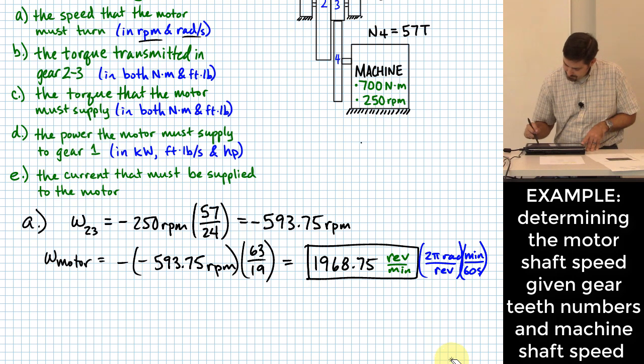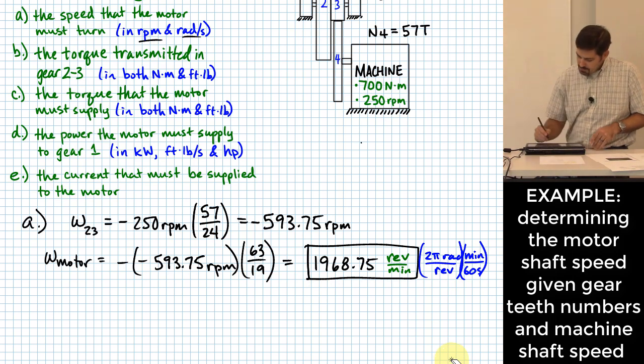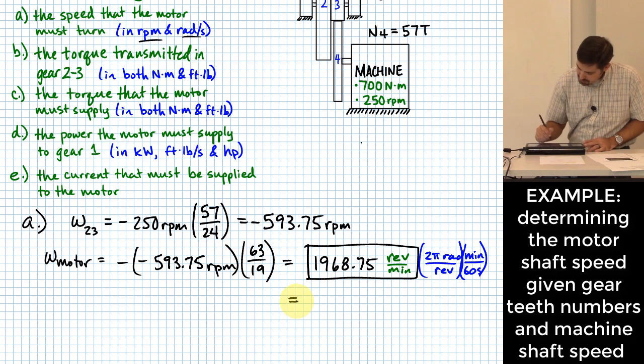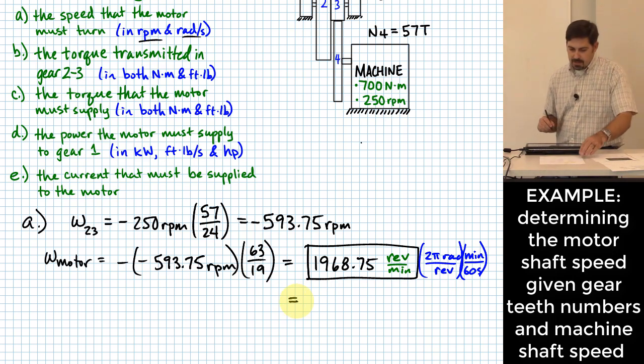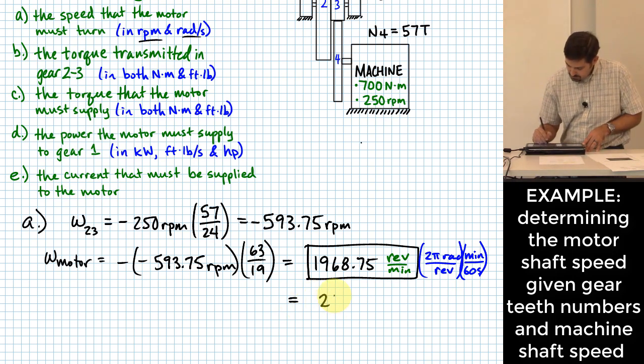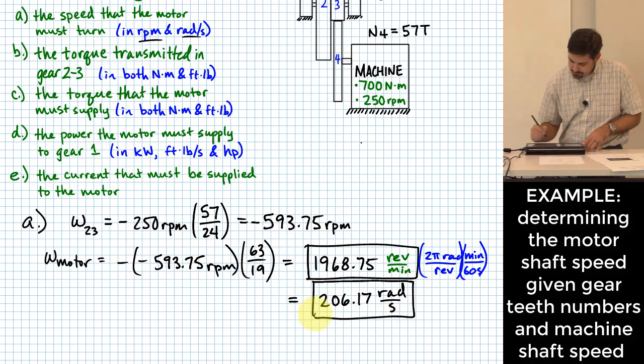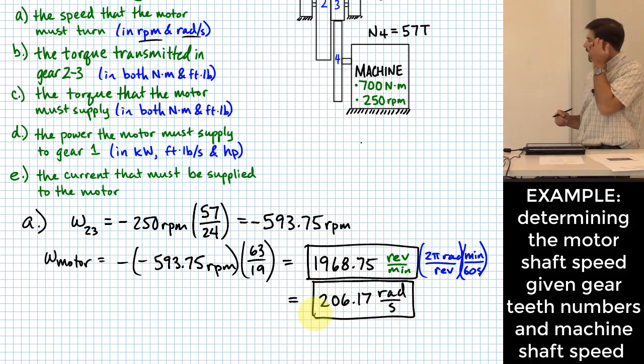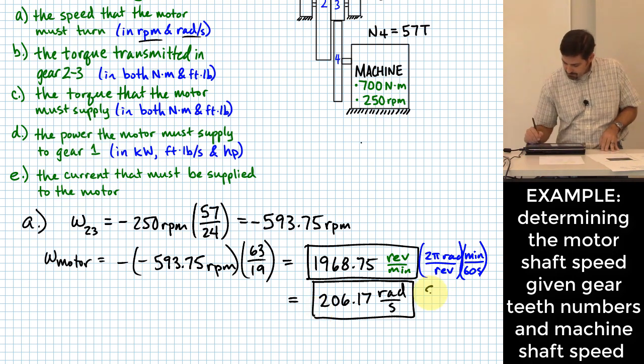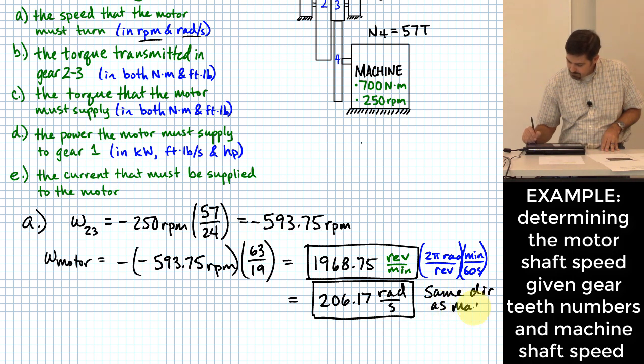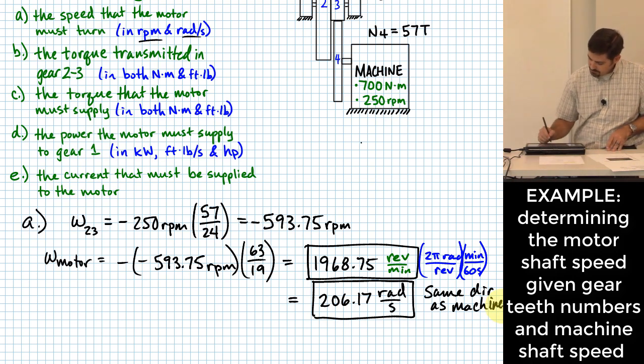So if we plug those in, I'll spare you the calculator punches, but what that ends up giving you is 206.17 radians per second. And it's in the same direction as the machine.